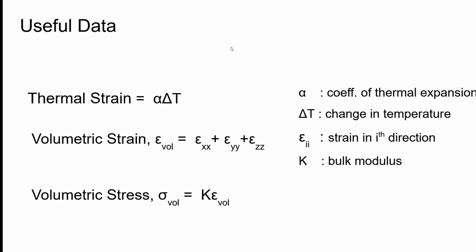These are some of the useful data that we'll be using in this particular problem, where your thermal strain is of this functional form as a function of coefficient of thermal expansion and change in temperature. And also these are the forms for volumetric strain and volumetric stress. So we'll see how we arrive at this expression for volumetric strain shortly.